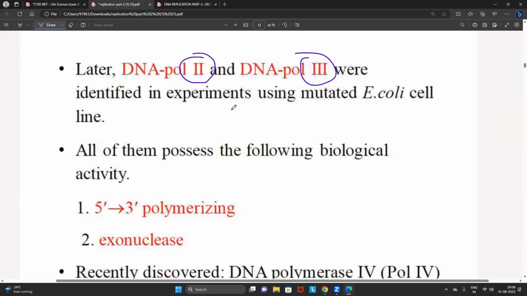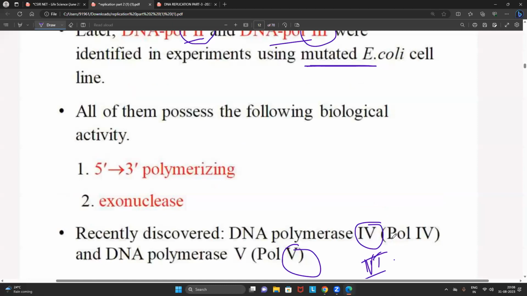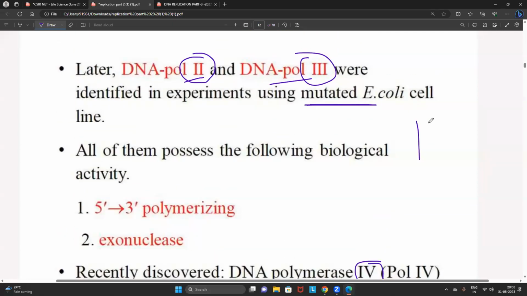When they identified polymerase 2 and polymerase 3, friends, whenever they were doing experiments with mutated E. coli, they observed that yes, there is a presence of Pol2 also, presence of Pol3 also. Friends, now we have Pol4, Pol5, and recently Pol6 also identified. But the question is very clear. Even though many polymerases are present, always polymerase 3 is the principal enzyme.